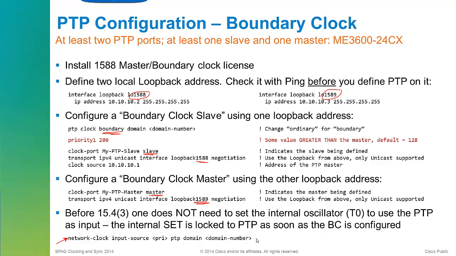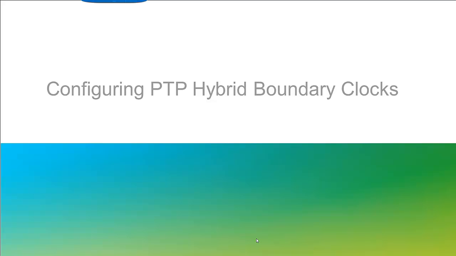But I just put this note in here because with earlier versions you mightn't be able to do this, and I thought I would remind people that before 12.4.3, which was July 2014, you didn't have to configure the input source, but now you do, like the rest of the devices. It brought it in line with the rest of the devices. So that's boundary clocks.